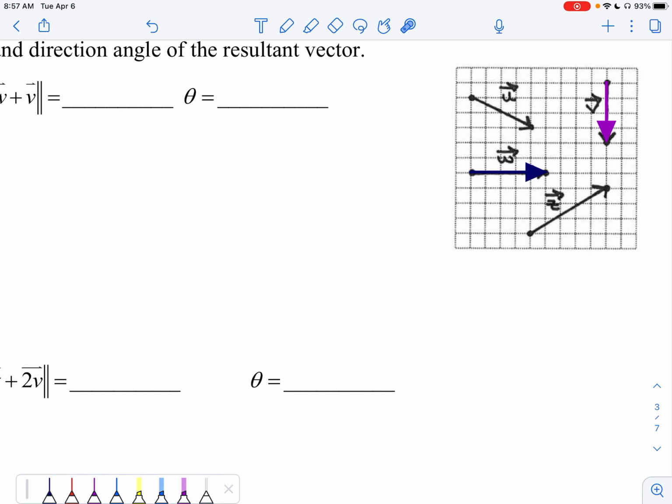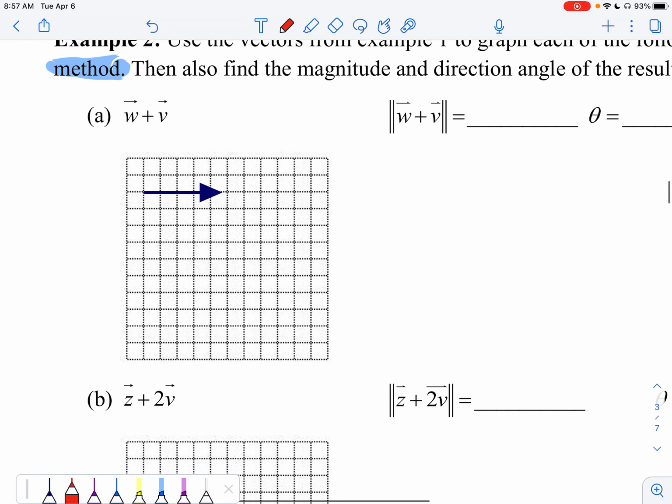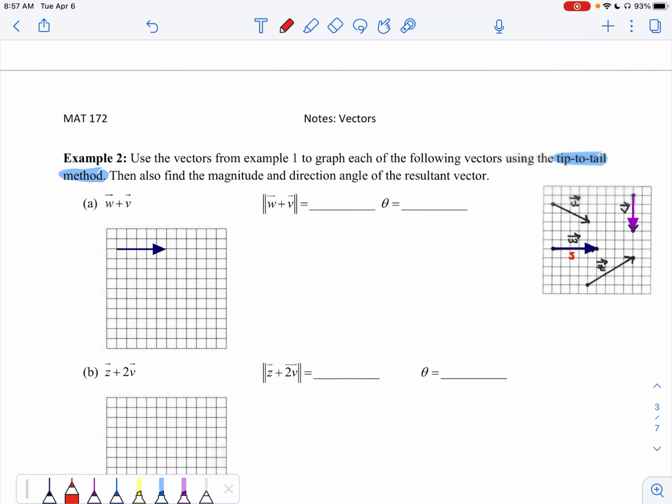W is going 1, 2, 3, 4, 5 units to the right. So make sure when you draw it out, it's going 5 units to the right. Okay, so that's our vector W.